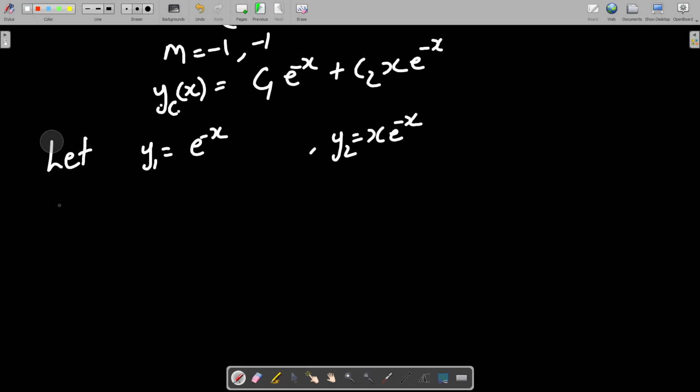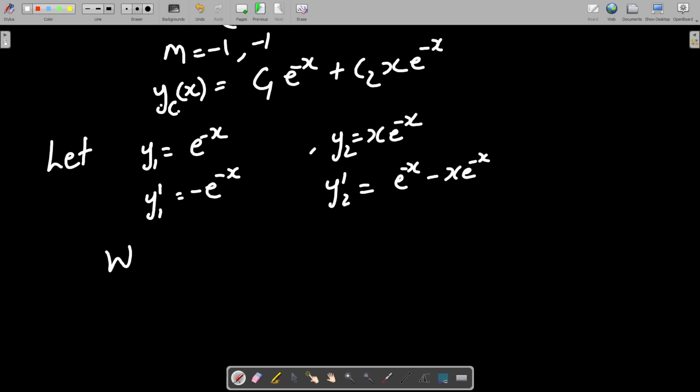Okay, y1 prime will be what here, minus e raised to minus x, and for y2 prime you'll have to use the product rule over here, so it leaves you e raised to minus x plus minus x e raised to minus x.